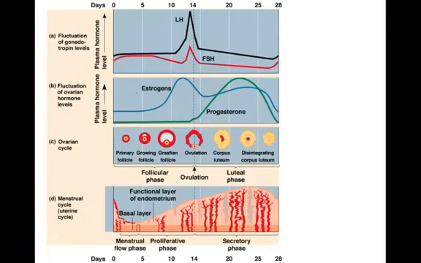At the beginning of the cycle, you can see that the LH and FSH levels are rising just a little bit, which is what causes the follicle to start to mature. As the follicle matures, it starts to release the hormones estrogen and then eventually progesterone. But as the estrogen levels rise, that's what causes this surge in LH.